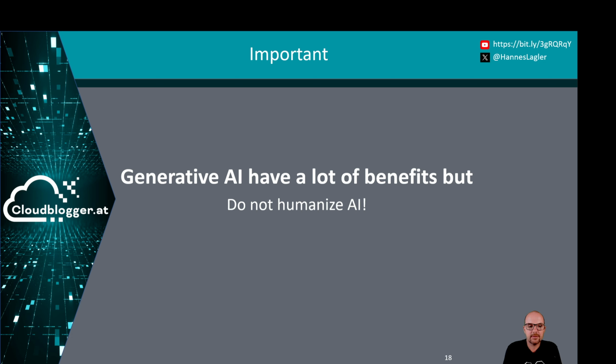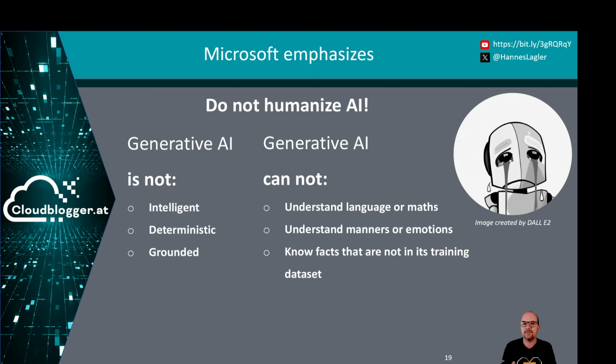Okay, generative AI has a lot of benefits, but, and this is really, really important, do not humanize artificial intelligence. It's an assistant, it's a co-pilot. It's not the pilot, it's a co-pilot. And it's really important: generative AI is not intelligent. Generative AI doesn't make decisions for you.